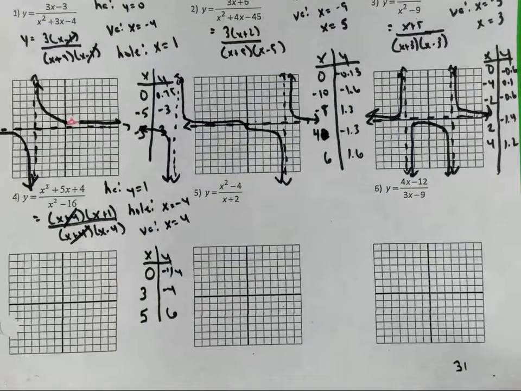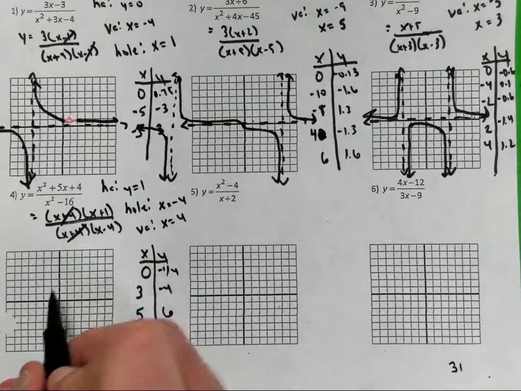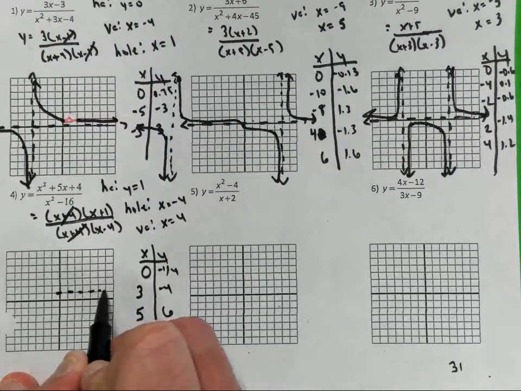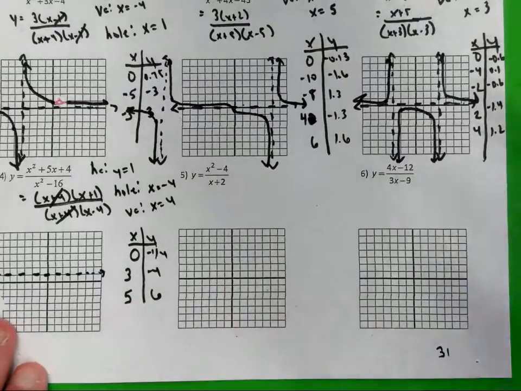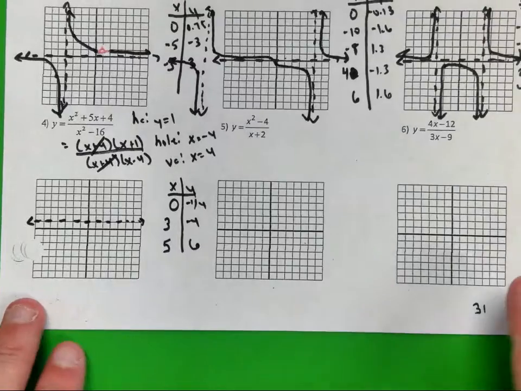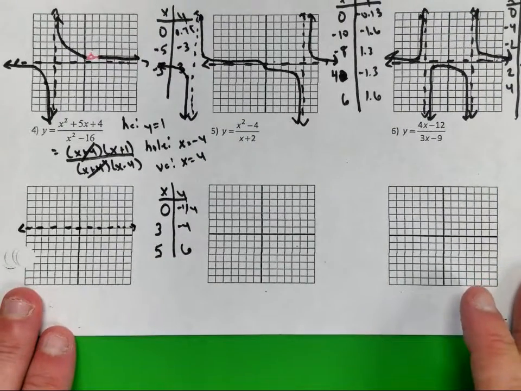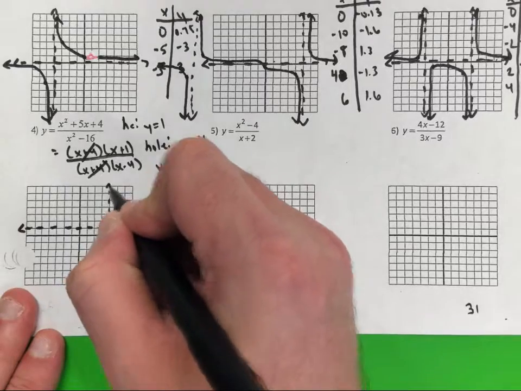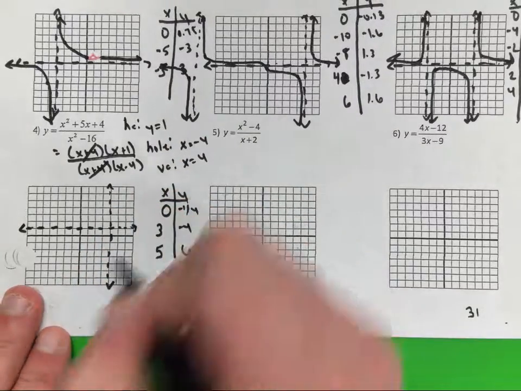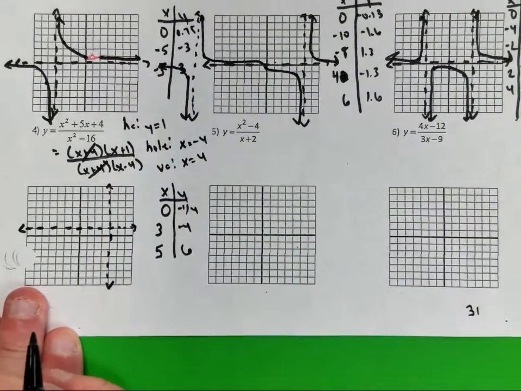All right, so I'm going to graph my horizontal asymptote. Before, the horizontal asymptote has been at 0. Well, now it's at y equals 1. My vertical asymptote is here. I'm going to save time and tell you it does not cross the horizontal asymptote.